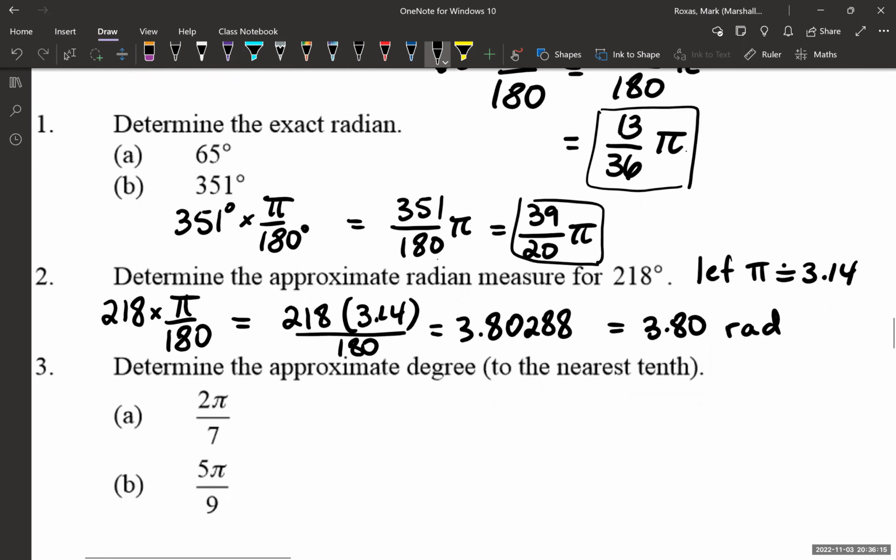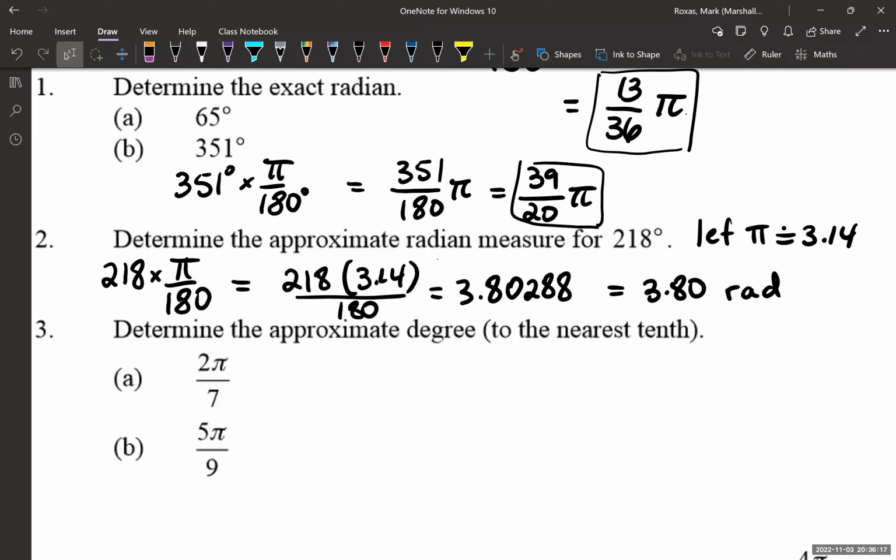If we're going back from radians to degrees, you may be given a radian angle measure, 2 pi over 7. What is this in degrees? Then you use the other conversion factor. You take 2 pi over 7 multiplied by 180 degrees over pi.